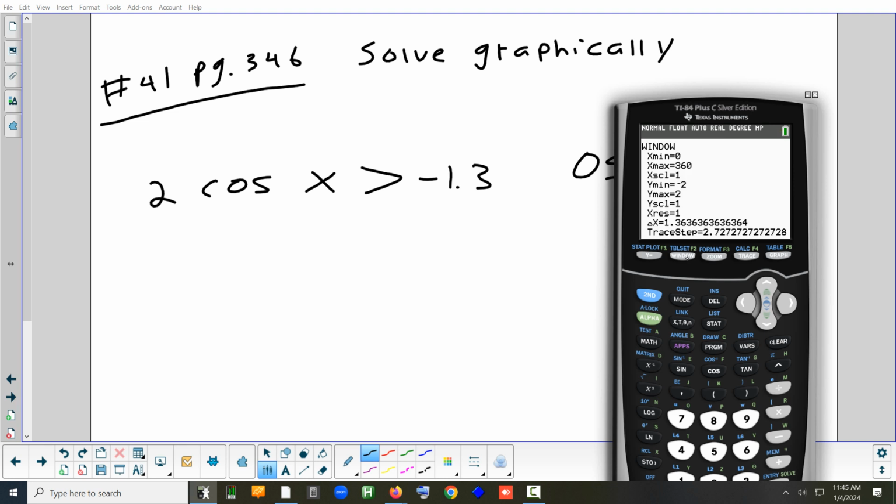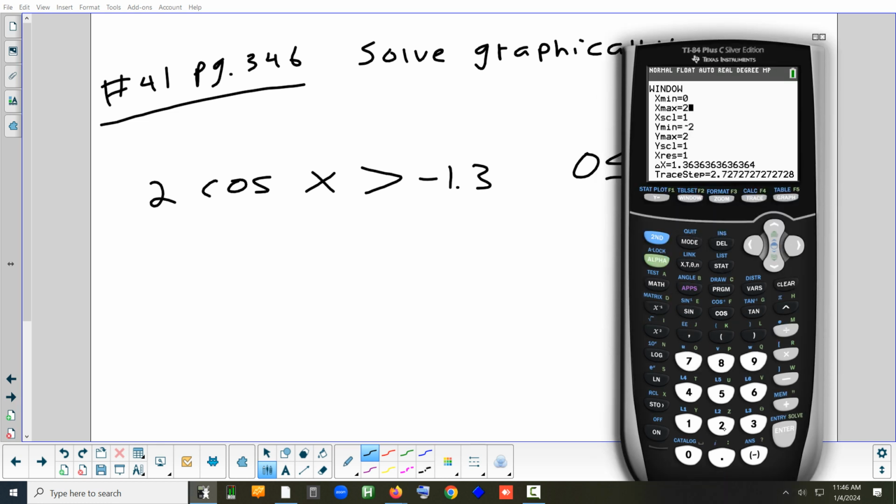And I think the window, oh no, I do need to fix my window. That's not going to work at all. Yeah. You need to go back into radians. I got to go back to radians. So 2 pi and radians. All right, so now I'm 0 to 2 pi and negative 2 to 2 for the y's. That's going to be fine.